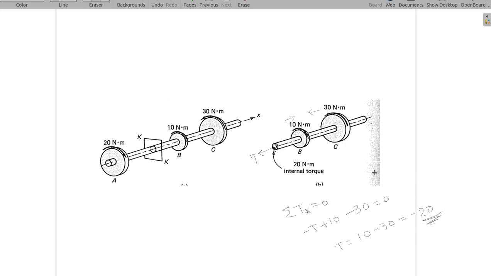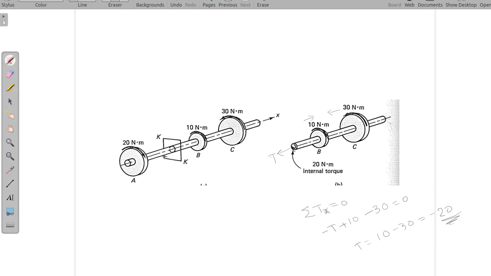But in most cases we need to worry about only the magnitude. So the magnitude of torque here is 20. You will get the same thing if you take the other part. Here, if you use the right hand thumb rule, you'll see that this is the direction of torque here, 20 Newton meter.